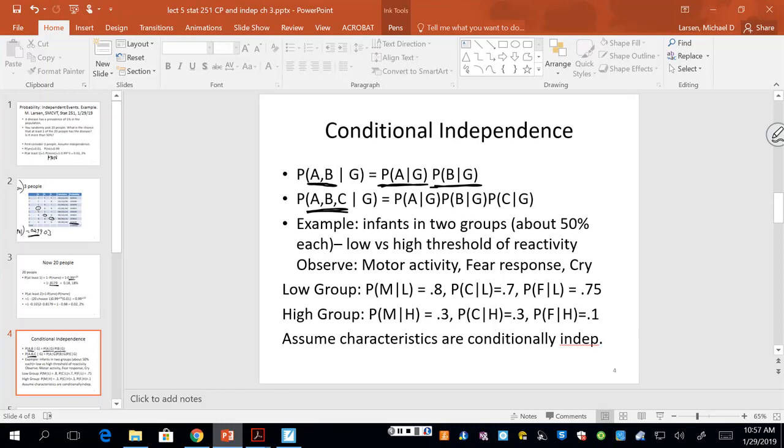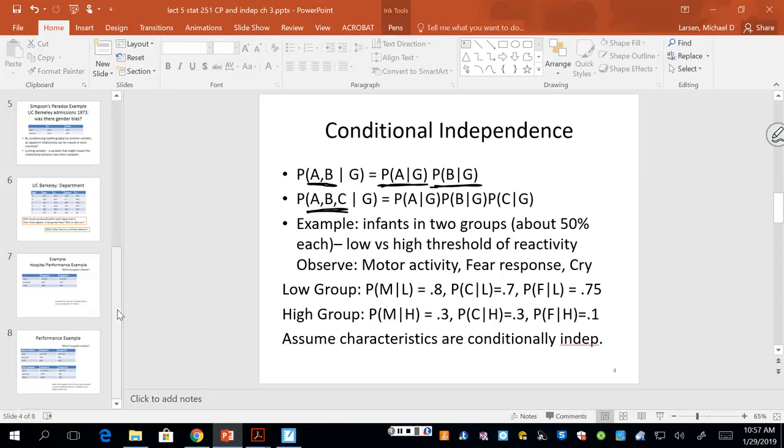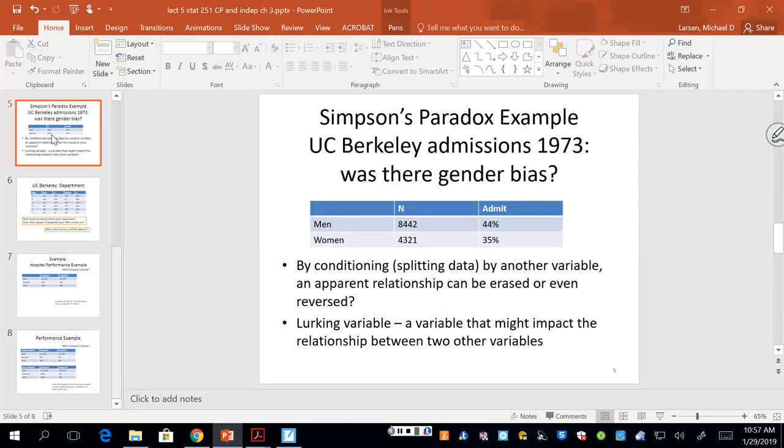So this general idea of conditioning or splitting data becomes really quite important in practical statistical analysis and estimation of probabilities, and in interpretation of what they mean in practice. Here's one example of this.